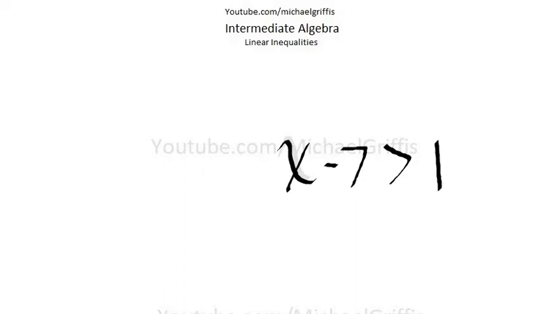Okay, so this is known as a linear inequality. Let's now draw a picture. So let's just draw the number line here, or attempt to draw it. And we'll use this reddish brown.